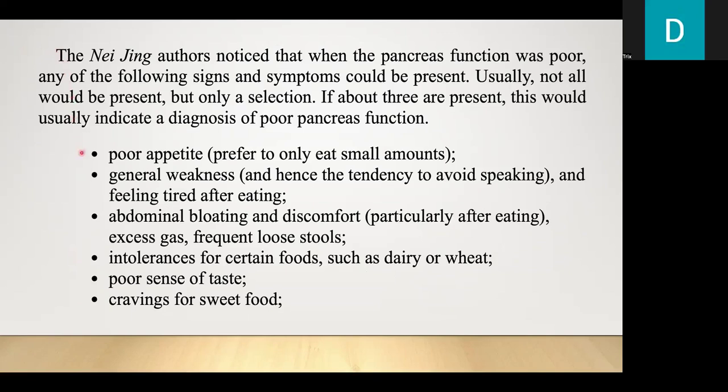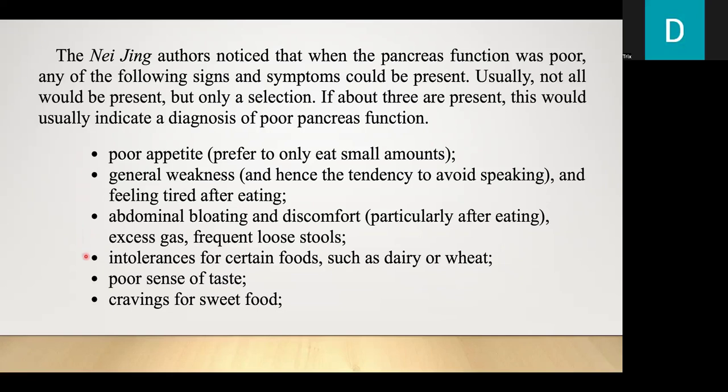These are poor appetite, preferring to eat only small amounts, general weakness, and hence the tendency to avoid speaking and feeling tired after eating, abdominal bloating and discomfort, particularly after eating, excess gas, and frequent loose stools.